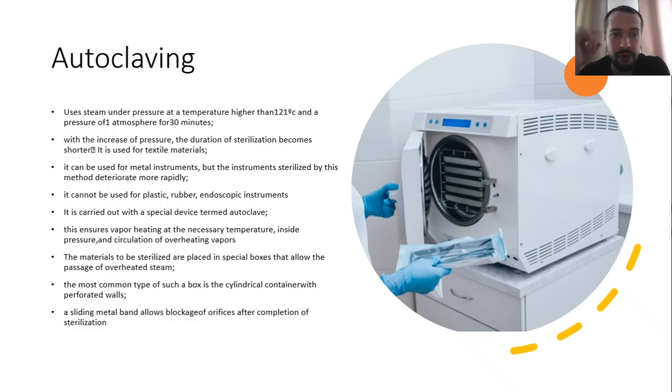This ensures vapor heating at the necessary temperature, inside pressure and circulation of overheated vapors. The materials to be sterilized are placed in special boxes that allow the passage of overheated steam. The most common type of such a box is the cylindrical container with perforated walls. A sliding metal band allows blockage of orifices after completion of sterilization.